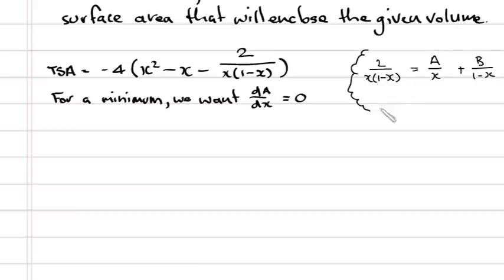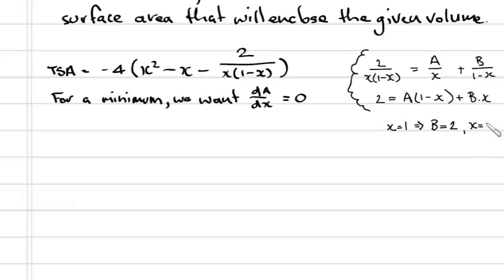Cross multiplying there gives us 2 equal to a outside of 1 minus x plus b times x. Now that's true for all values of x, so we can choose values of x that will help us to solve that. If x is equal to 1, then the first bracket there is equal to 0, and we can solve that b times 1 equal to 2, or b equals 2.